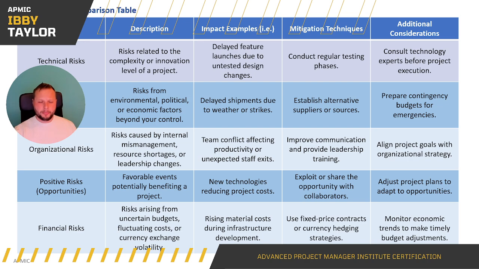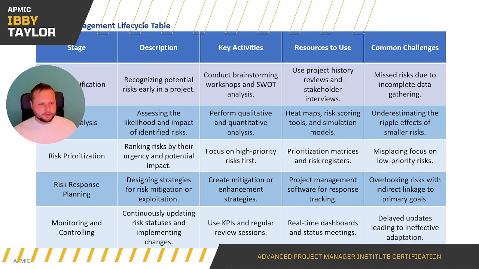All these approaches are to be tailored and used by yourself as a project manager to create an approach which works for you and the project that you're delivering. So the lifecycle table, which is the 5 steps: identification, analysis, prioritization, response planning, and then monitoring and control. And that just loops round and round.